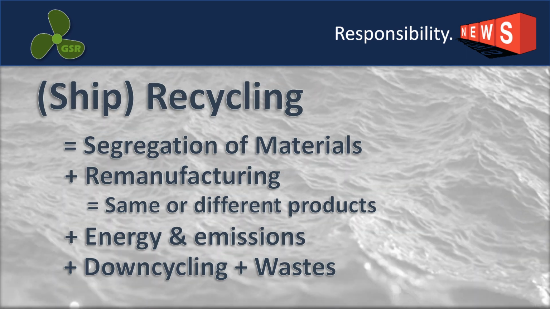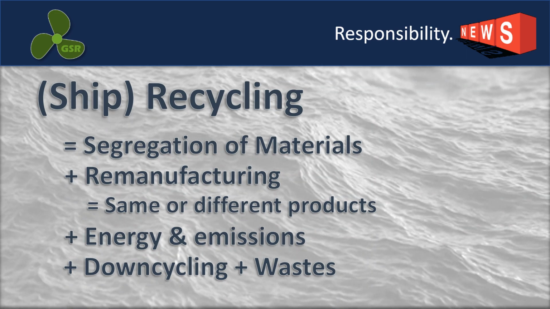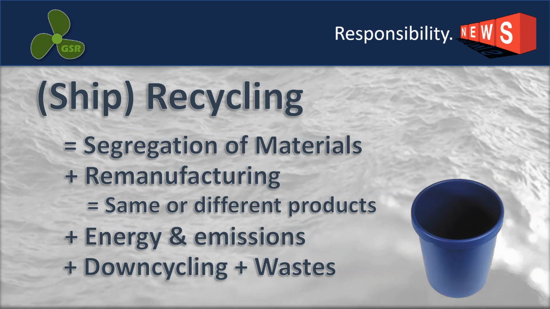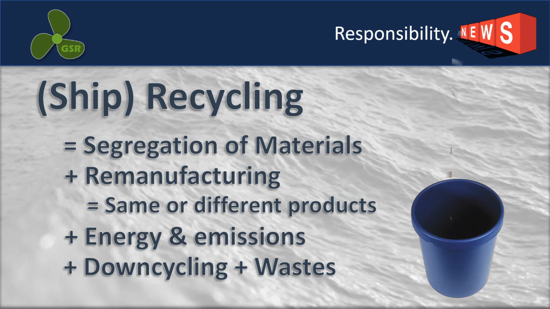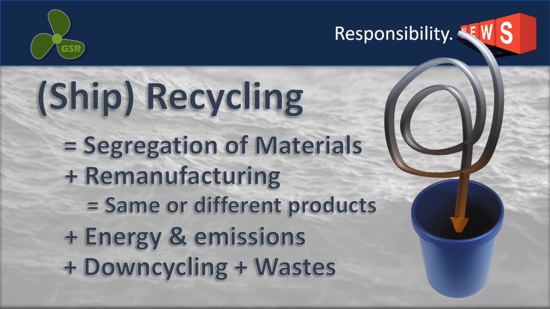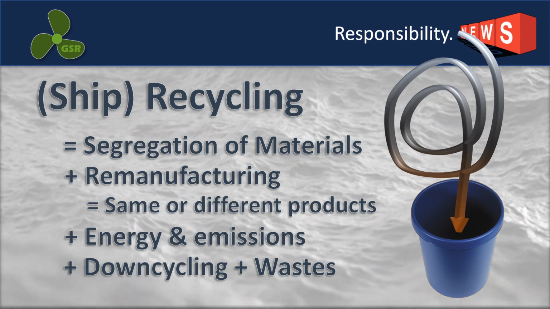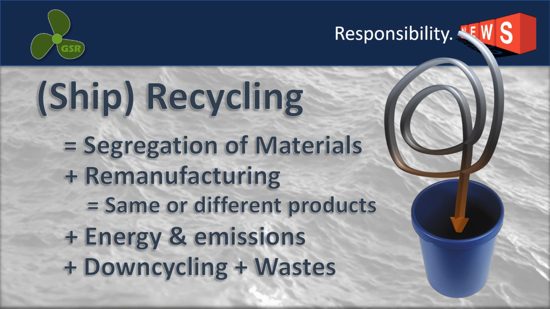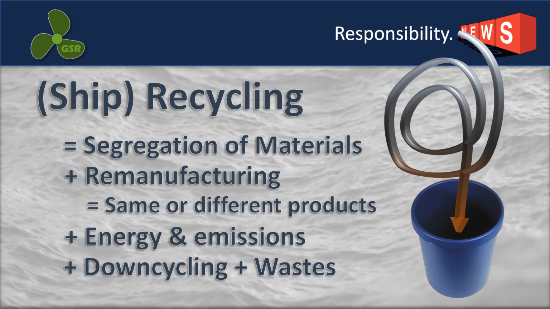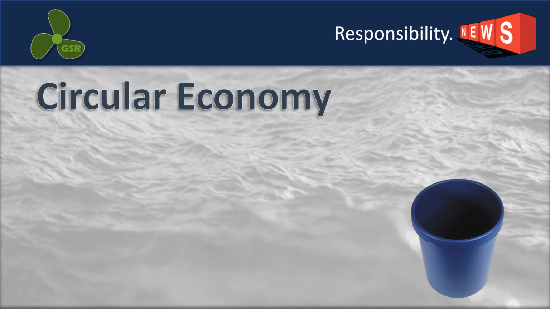So the downcycling issue and the waste are the primary problem, and this is why ship recycling is not a circular economy. With recycling, materials are kept in circles again and hopefully many times, but sooner or later they become waste. And this is not what is understood to be circular.